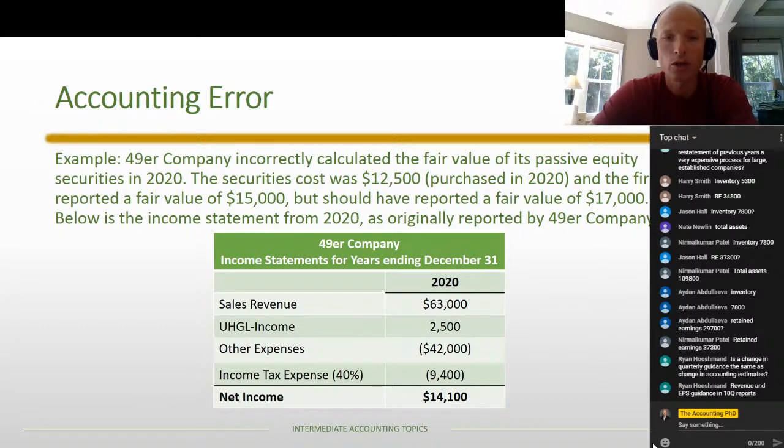And I will say on the test, sometimes I'm going to ask you to account for the tax, and sometimes I'm not. But I will make it clear in every case where you need to handle the tax effects, or at least where you can ignore them. And so all this to say, given this information, we need to figure out how to correct this error.